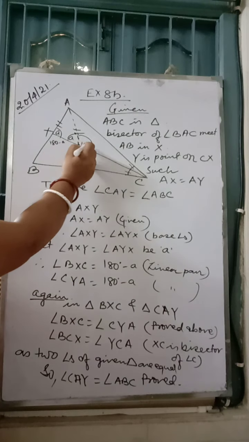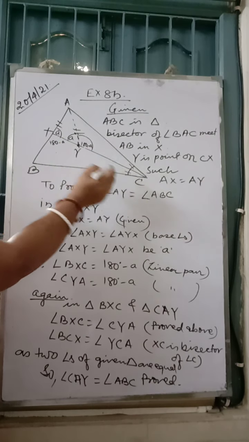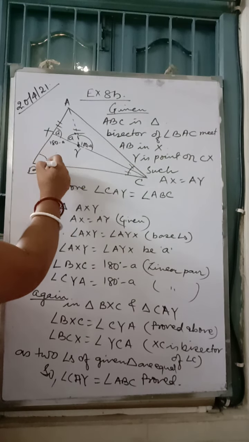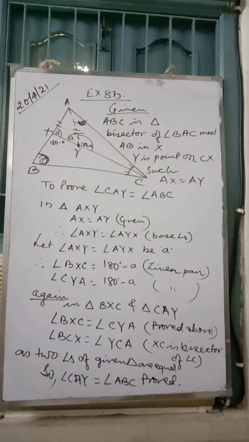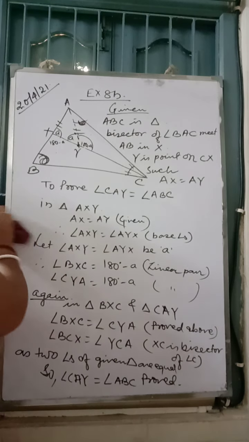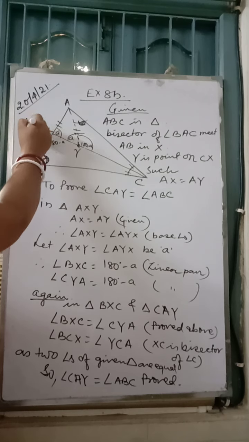If this angle is equal to this in these two triangles, these two angles are equal, so the leftover angle will be equal to the leftover angle. So that is proved. That only we had to prove. This was question number 12. Now 13 number question, I'll be explaining. You have to write it.